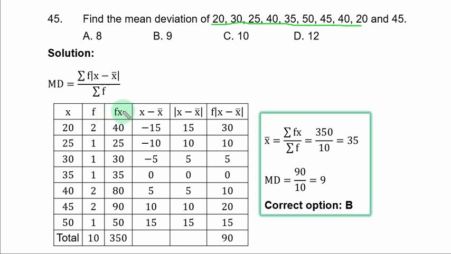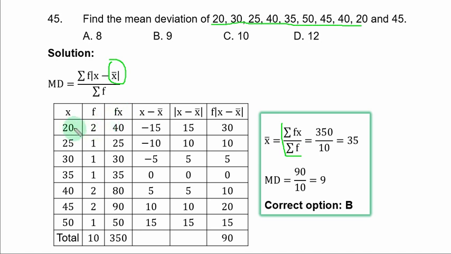Then simply get fx in order to obtain the mean, because x bar, the mean, is summation fx over summation f. So we need to get fx, and you multiply x by f.